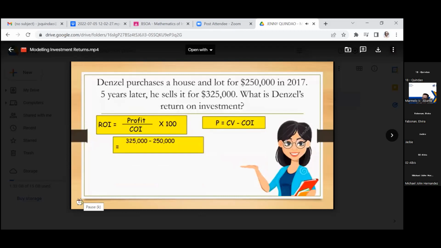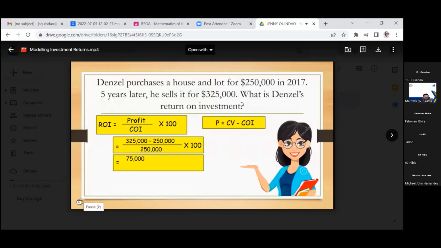Denzel sells the house for $325,000, which is the current value. He bought it for $250,000, which is the cost of investment. So $325,000 minus $250,000, divided by $250,000, which is the cost of investment, and multiplied by 100.